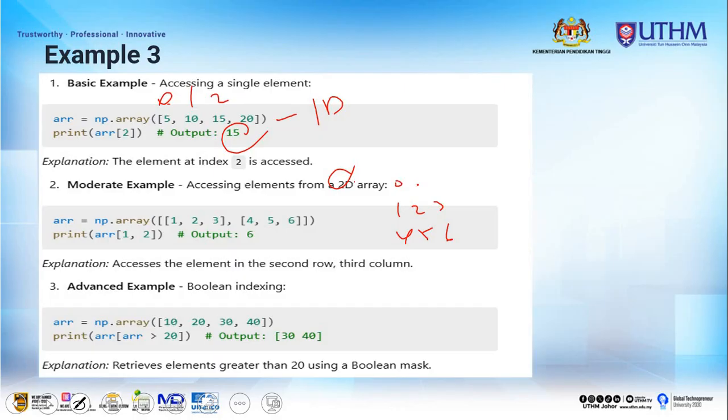So 0, 1, 2. 0, 1. Just imagine this one. So first position or first index, and then comma, second index. Alright, so the output is 6.